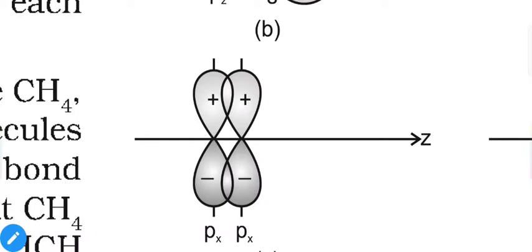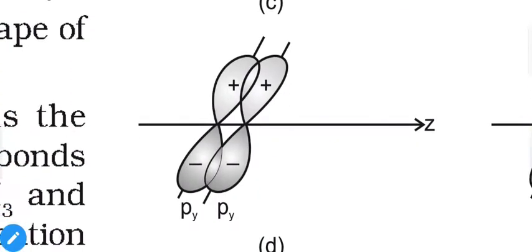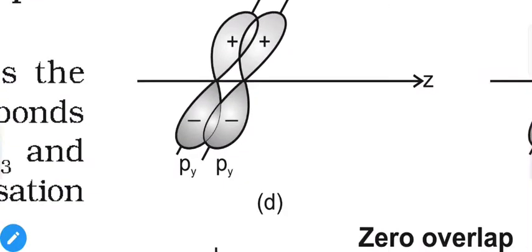These two parallel orbitals show positive overlapping when positive and negative lobes are in contact with each other, and only in this case will a bond be formed. Now let us concentrate on py. Again it will be parallel, just like px, and the same type of possibility arises.